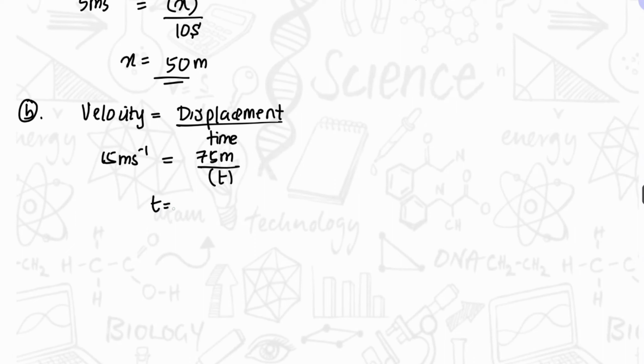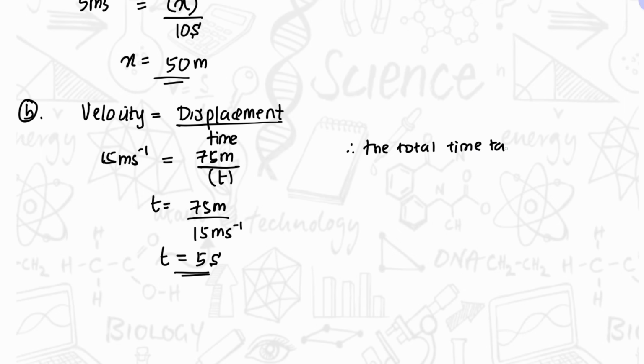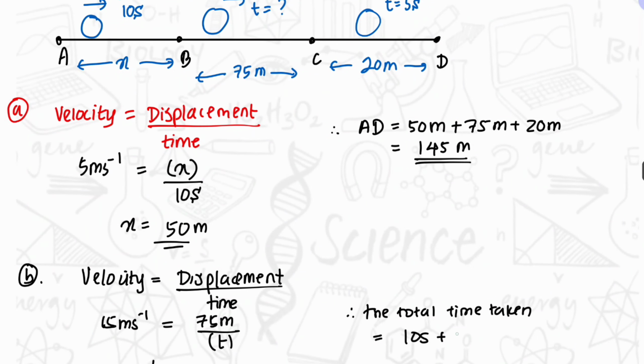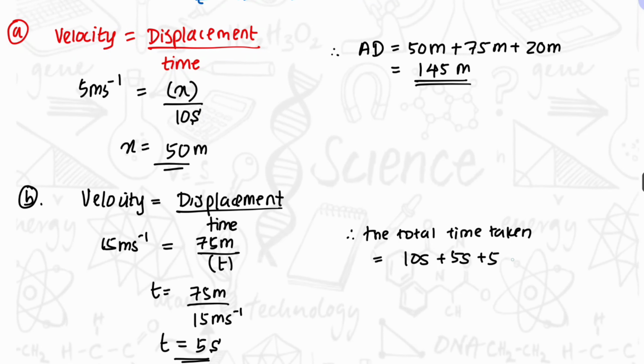Then we have t is equal to 75 meters divided by 15 meters per second, that is 5 seconds. Therefore, the total time taken to travel from A to D will be 10 seconds plus 5 seconds plus 5 seconds. That will be 20 seconds.